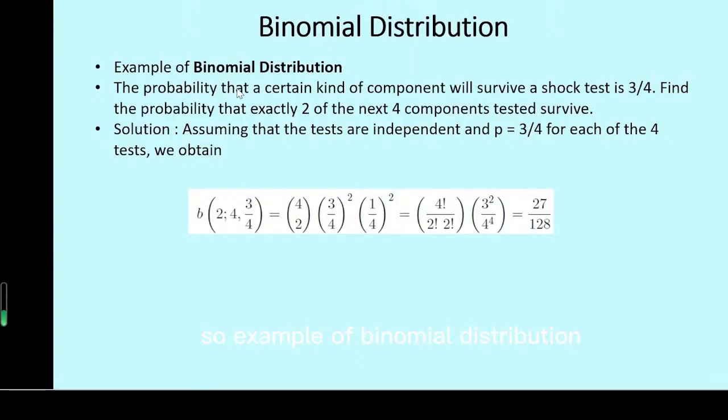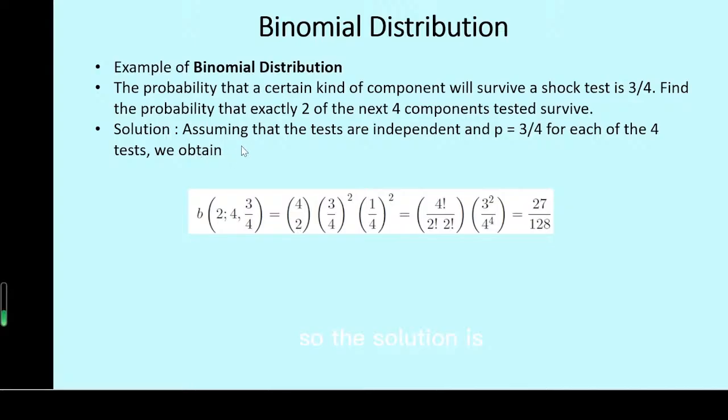Here is an example of the binomial distribution. The probability that a certain kind of component will survive a shock test is 3/4. Find the probability that exactly 2 of the next 4 components tested survive.